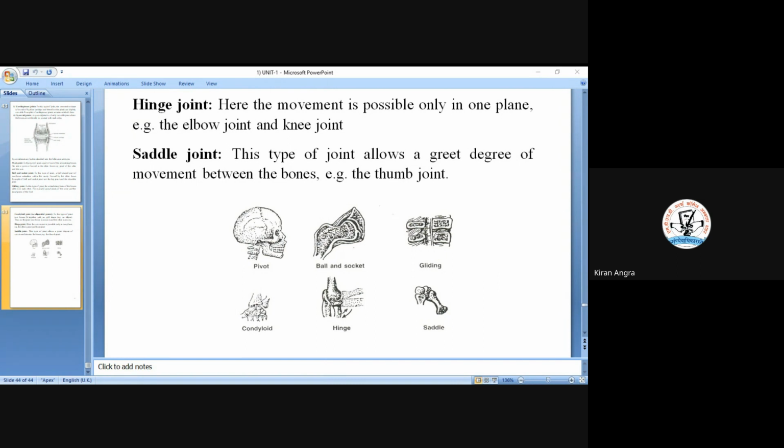None of the questions is of objective type. I'm just giving you an example.